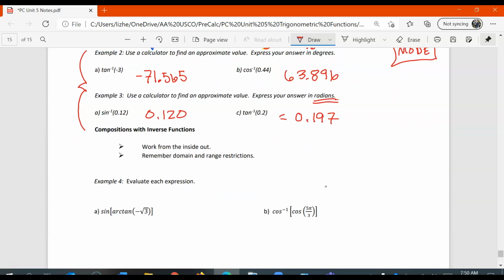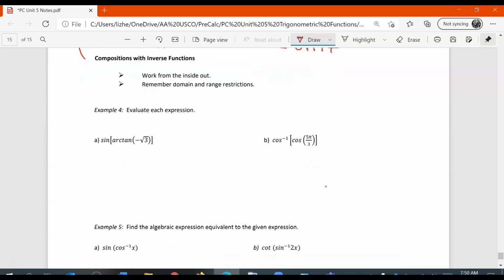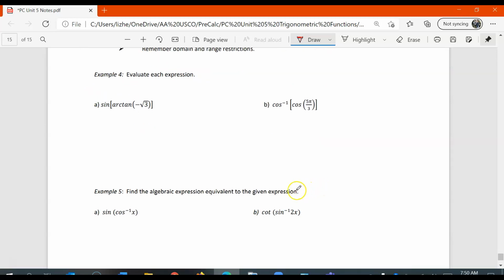All right, compositions with inverse functions. This is the tricky part. You're going to work from the inside out, and you need to remember your domain and range restrictions. So what we're going to do here is call all of this theta. And so what we're essentially saying is, what is the sine of theta?